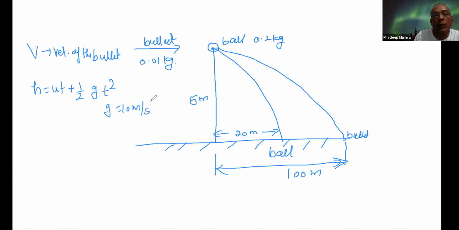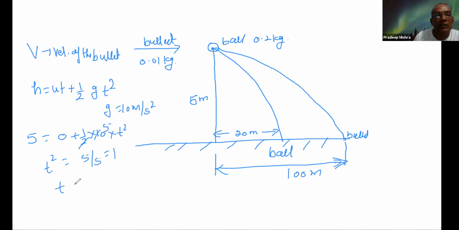U is 0 because the ball is at rest at this height on the post. So 5 equals half into 10 into t square. 2 5s are 10, so t square is 5 by 5, which is 1. So t is 1 second.